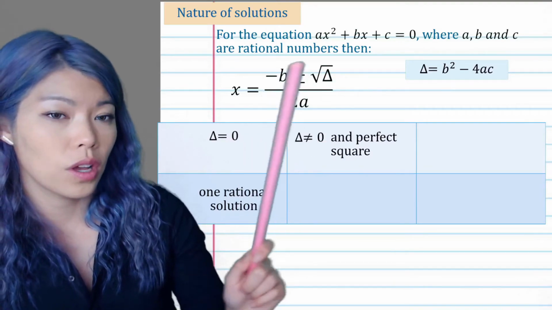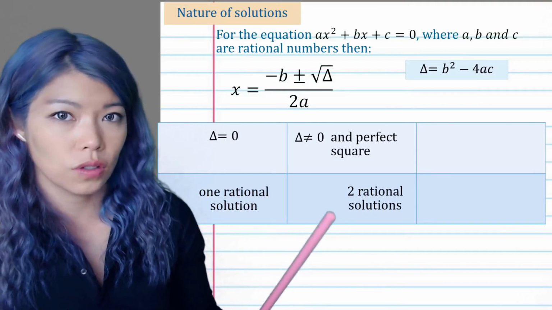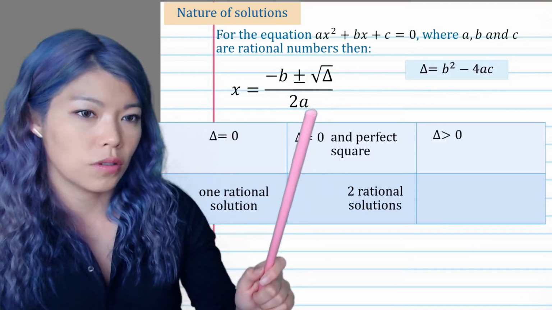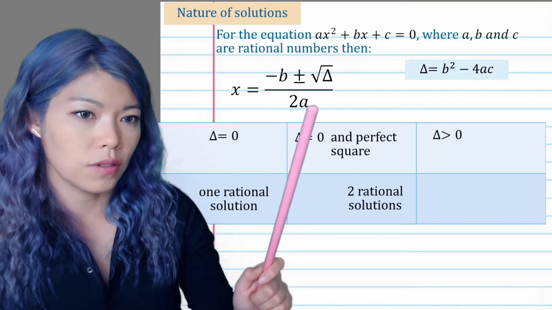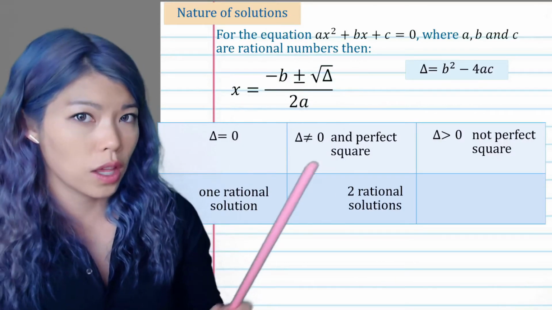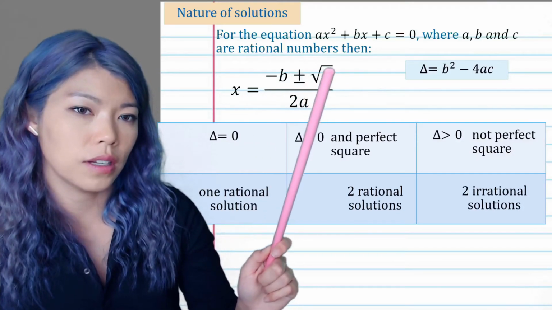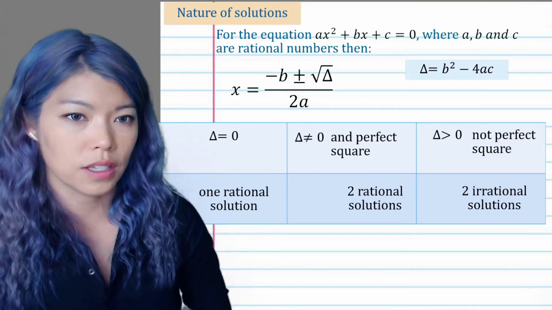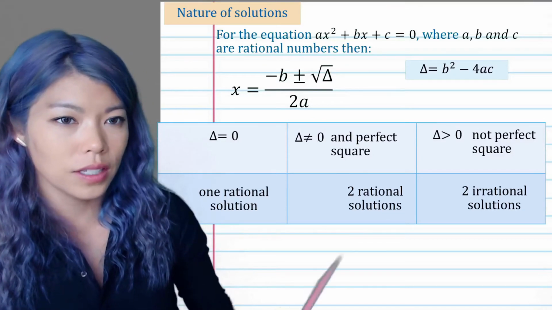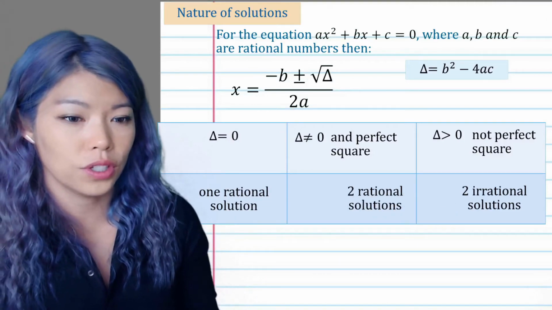So we're going to get two rational solutions. But if it's greater than 0 and not a perfect square, then the whole thing will be irrational. So we'll have two irrational solutions if it is positive but not a perfect square. So the discriminant also helps us identify the type of solutions.